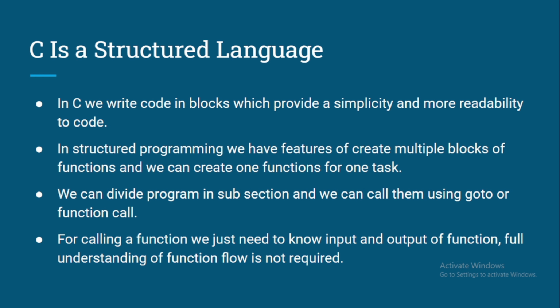We can create simple modules, we can create more readable code, and we can create sections based upon the task of the functions. In structured programming we can create multiple blocks of functions, one function for one task. So if we have 10-20 tasks in a program, we can create separate functions in C, and if we require any task under any condition, we can call it, right?